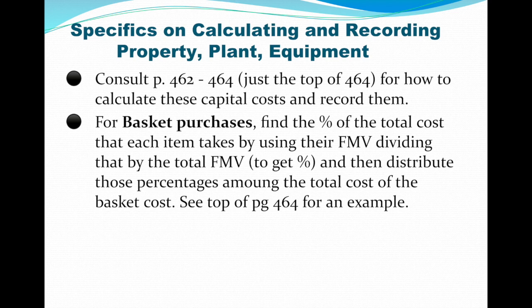So for example, if the fair market value of the house and the land put together is 160 grand, and let's say the building is worth 60 grand, then you take 60 divided by 160, and that gives you your percentage. Now, here's where things get a teeny bit tricky.